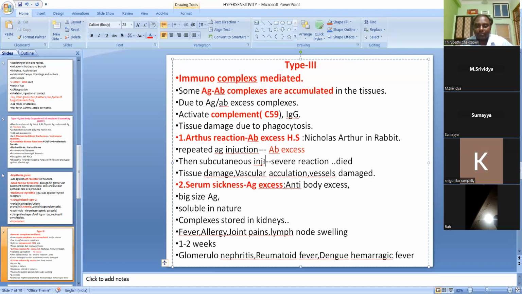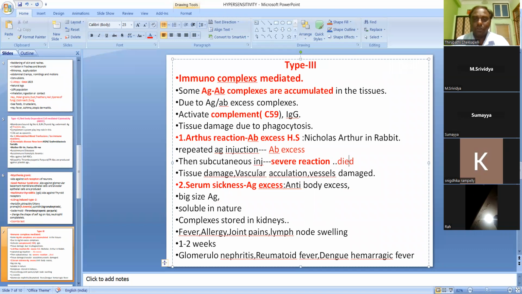First time the injection was given intravenously, and the second time subcutaneously. What happened when the injection was given? A severe reaction took place. Ultimately that rabbit died. Due to excess production of antibodies, those excess antibodies go and accumulate or surround the antigen, that leads to formation of a bigger immune complex in various tissues.